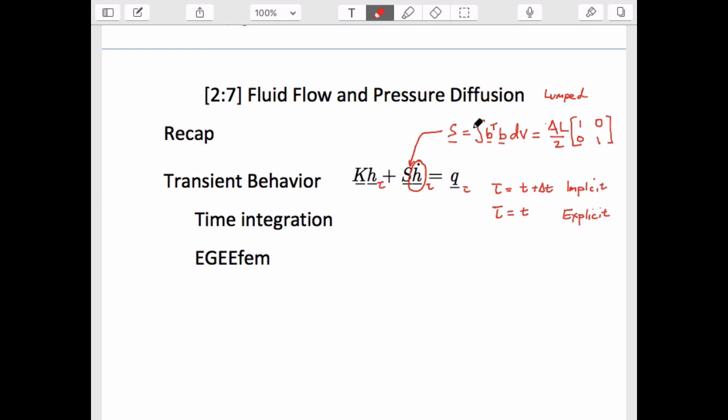It would have some coefficient in front of it, which we called specific storage, which is just a parameter. We would multiply that by this volume of the element, which is just where it comes out. And if we added these terms together, then it would physically equal the volume of the element multiplied by the parameter. And so in our case, the parameter is specific storage for groundwater flow.